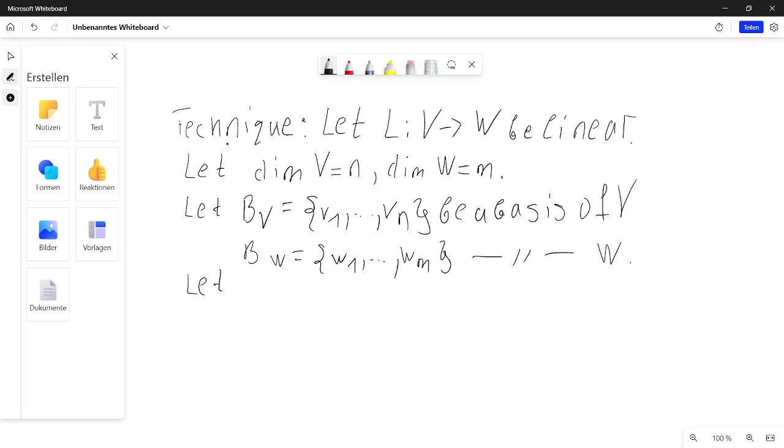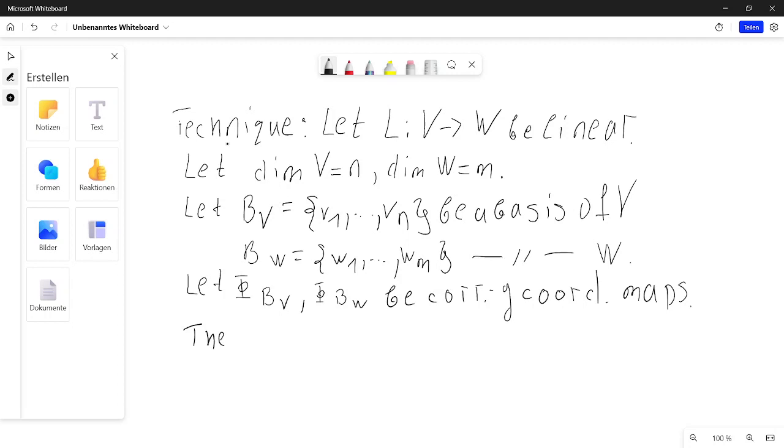Let's say Φ_BV and Φ_BW be the corresponding coordinate maps, and the following works as we have shown.